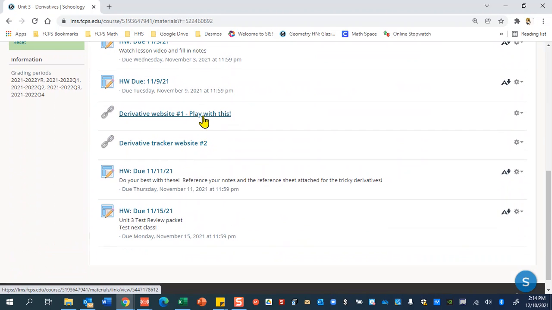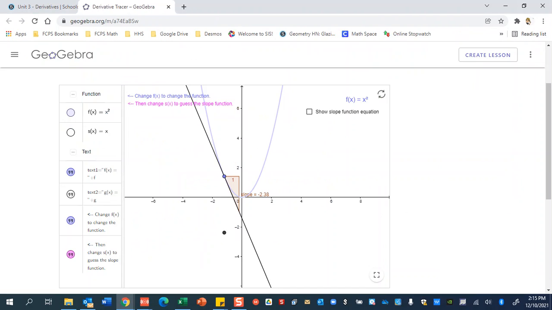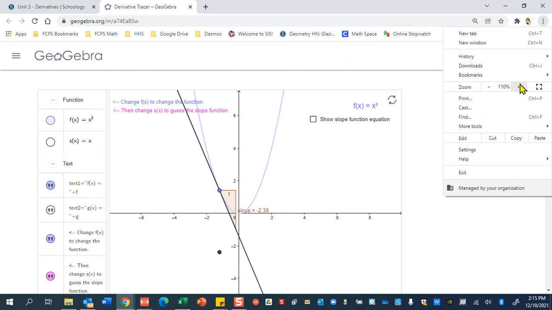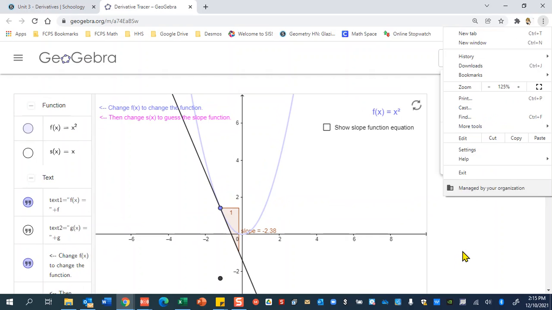The one was a website where you could play with and it showed you how we do the derivative. And this other one was this tracker website. And I want to show you some things about this just so you understand what it is that we're doing. Okay.